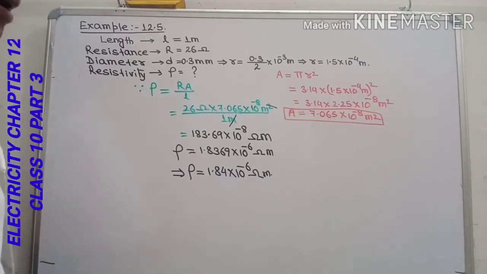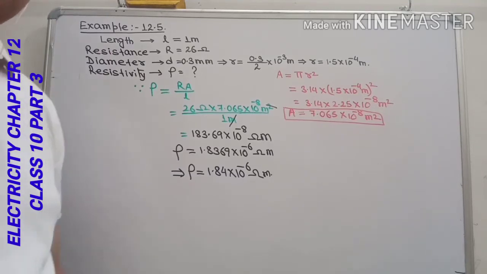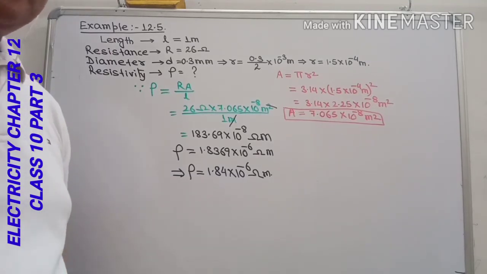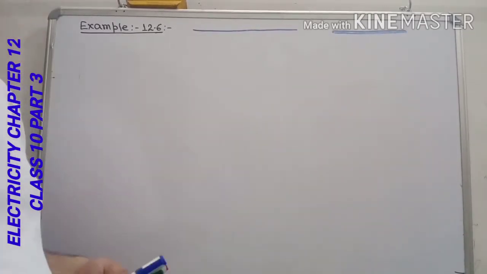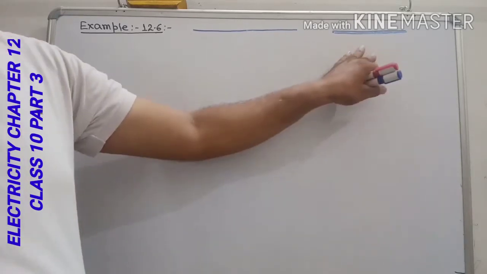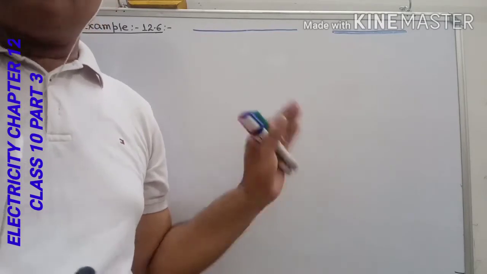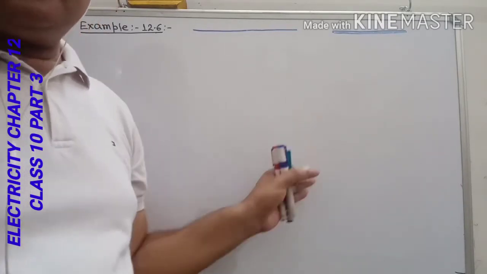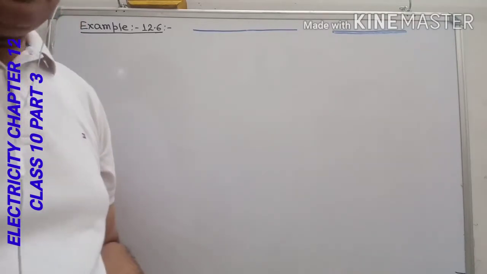Now it is very simple. We can find out such type of numericals. Similarly, if we take another example 12.6, here in this example we are given two wires of same material. The material is same. Suppose both may be of copper, both may be of iron, both may be of nichrome, or whatever it be. Both are made of same material.